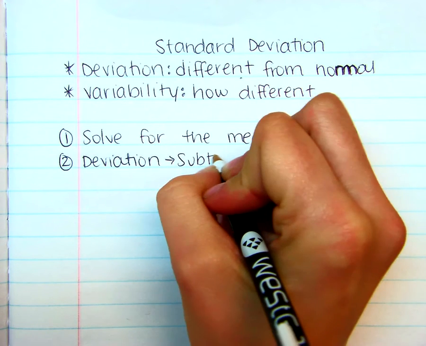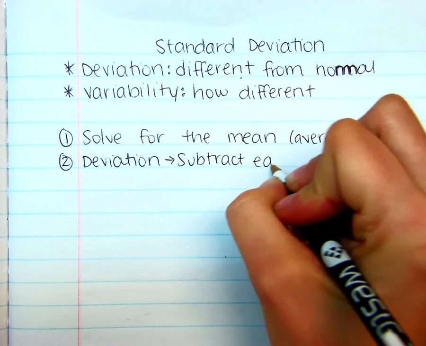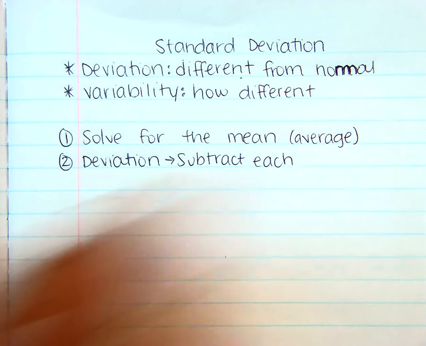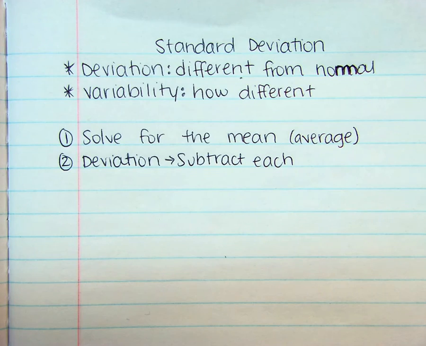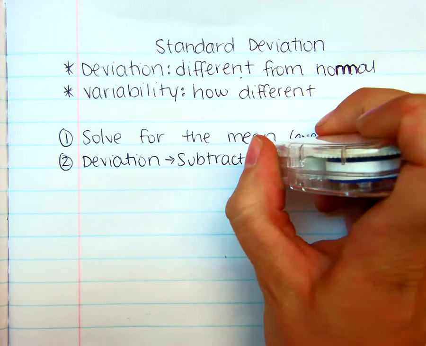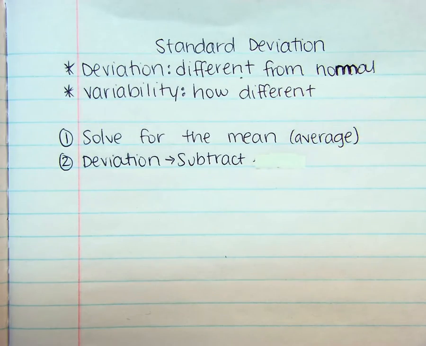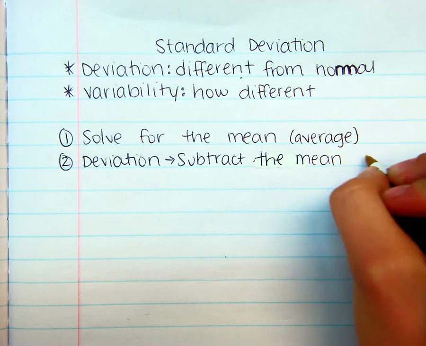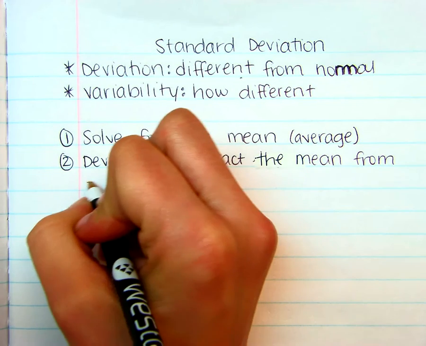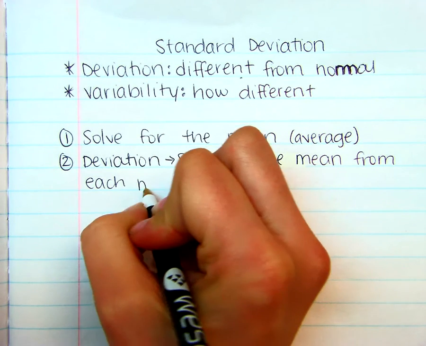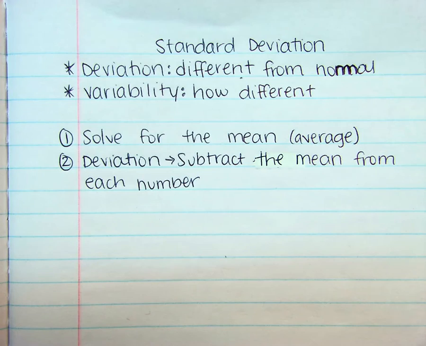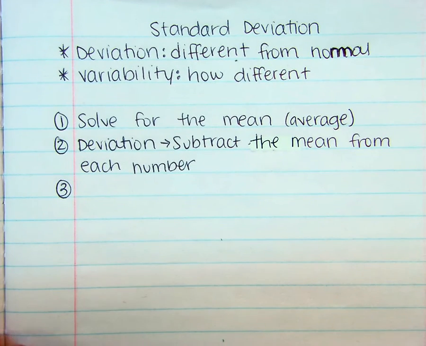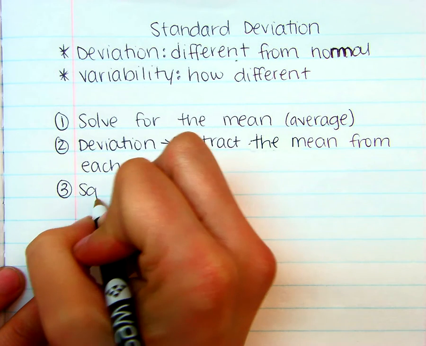So we're going to subtract the mean from each number. After we do that, we're going to square each of the differences.